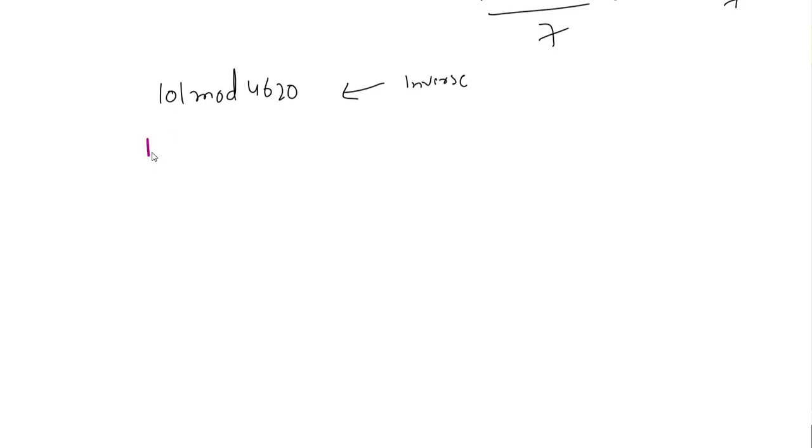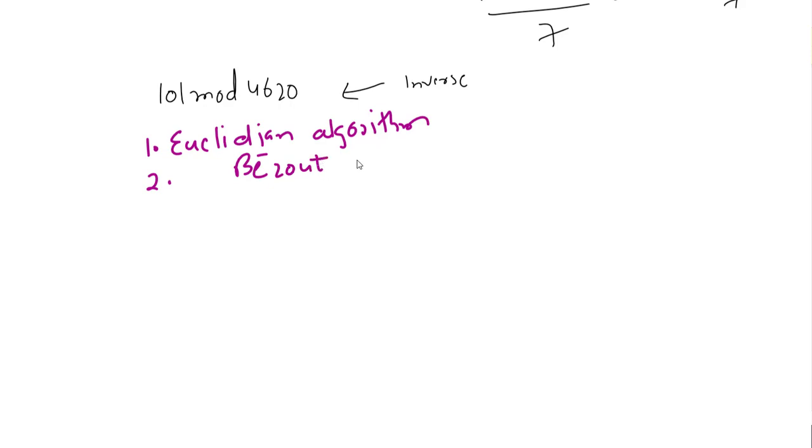One is the Euclidean algorithm, and second is Bézout's theorem or coefficients.